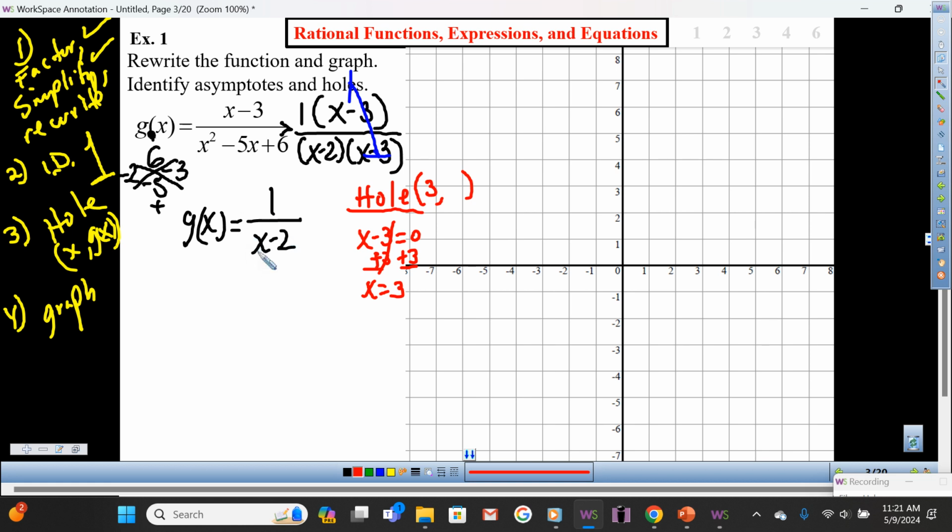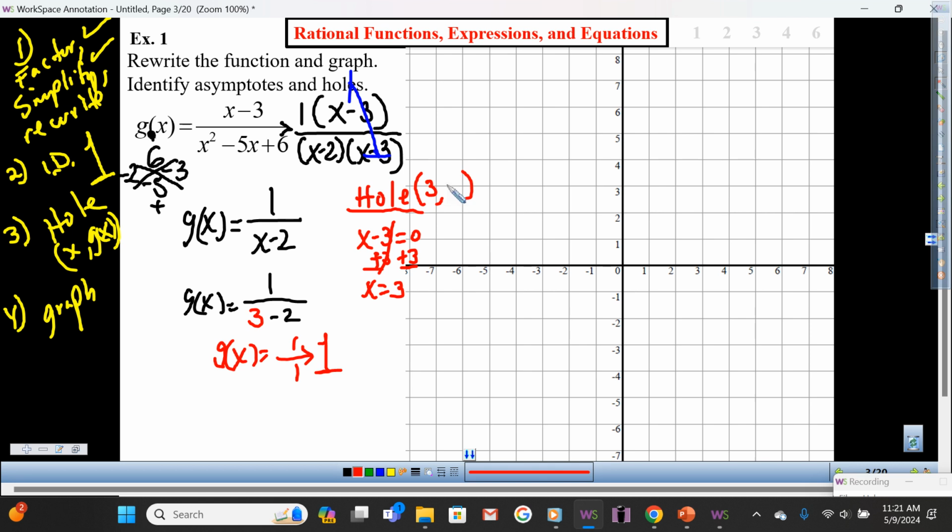Does everybody see that? So watch, underneath here I'm going to write g of x equals 1 over blank minus 2, and instead of x, what am I going to substitute in there? 3. Therefore, g of x equals 1 over, what is 3 minus 2? 1, and what is 1 over 1? 1.